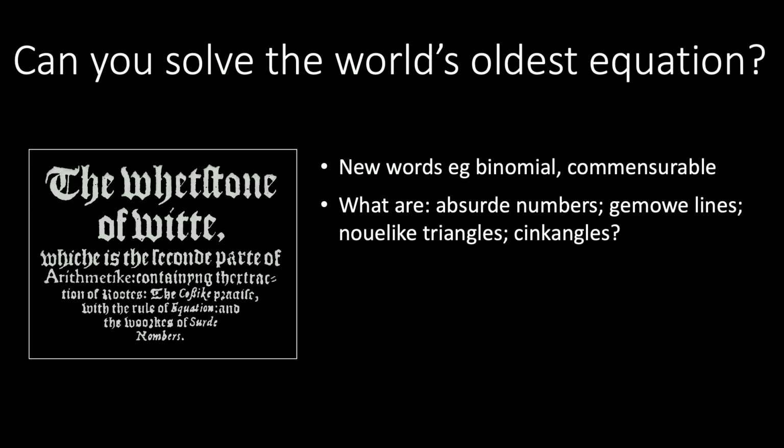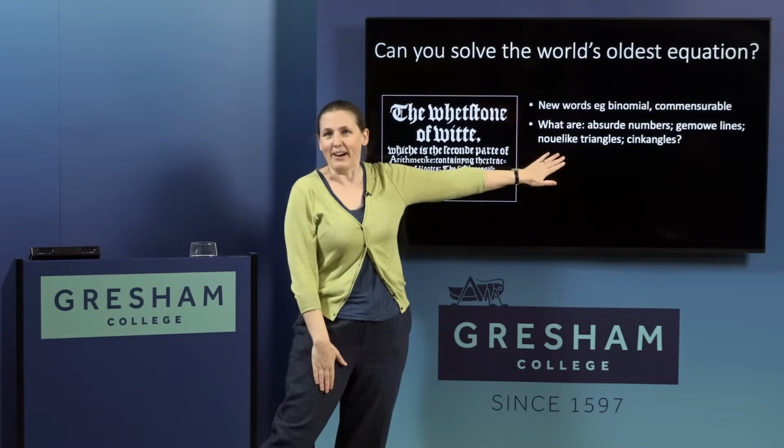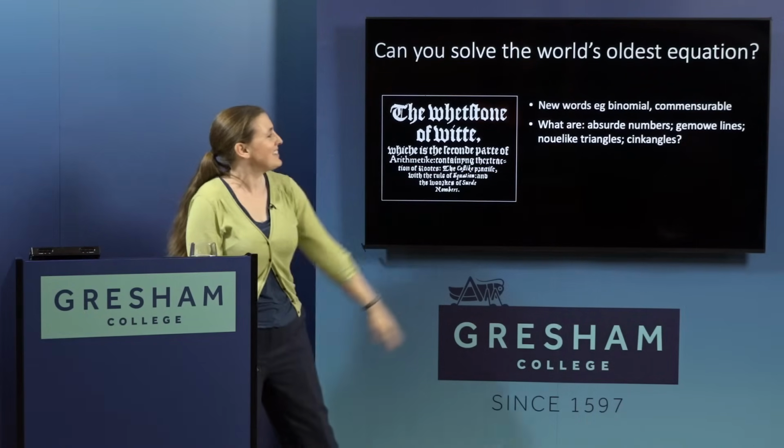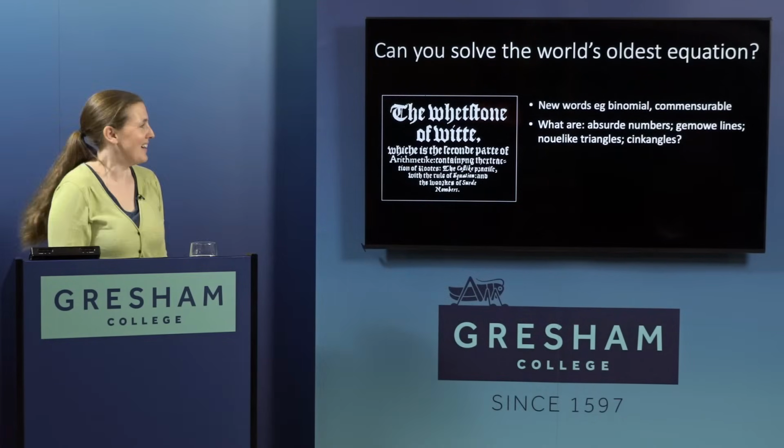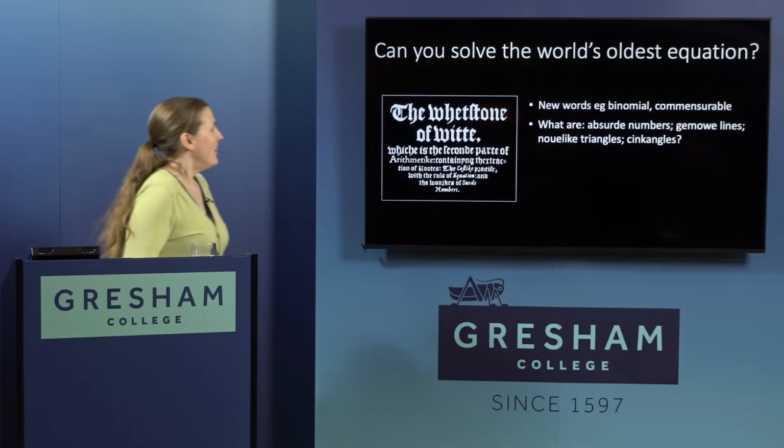So that was why, when he wrote in The Whetstone of Wit, he said he'd chosen this sign. No like triangles, we call them scalene now, none of the sides are alike. And cinque angles, I like this one. Cinque angles, that's pentagons, for obvious reasons, I guess.